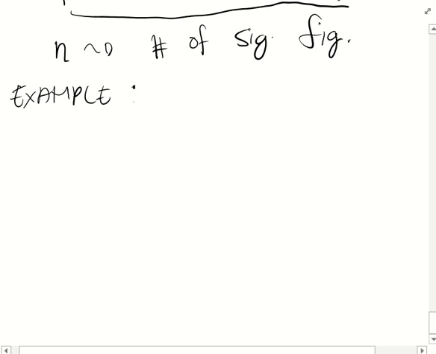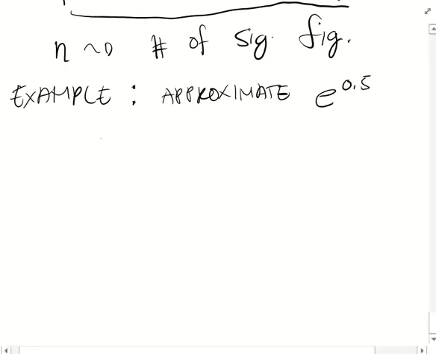We want to approximate the value of e raised to x, e raised to 0.5, within 3 significant figures.